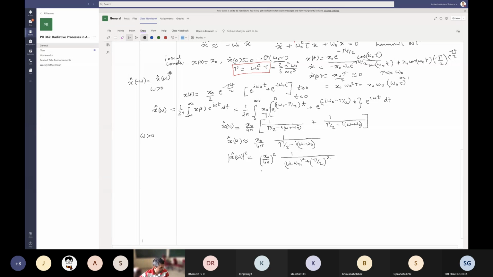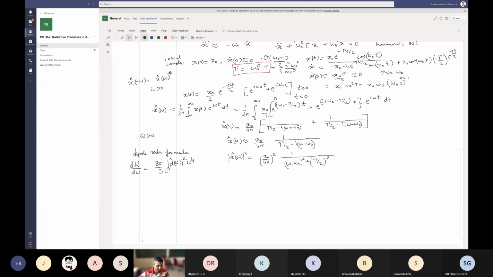Okay, and we can actually write it in a, if you recall, there was a dipole radiation formula in the frequency space: dW d omega is equal to 8 pi by 3 d hat at omega squared omega to the 4 by c cube, right?